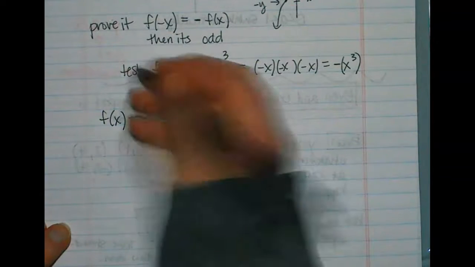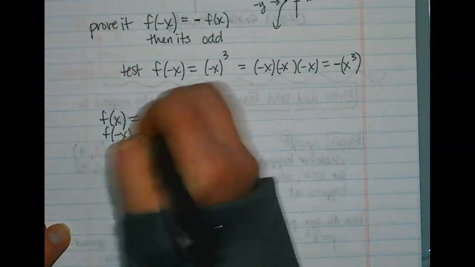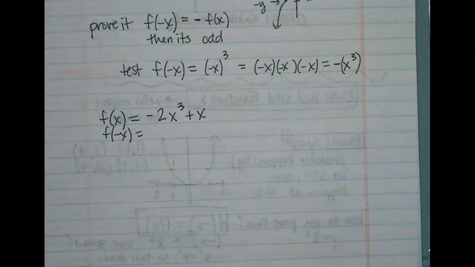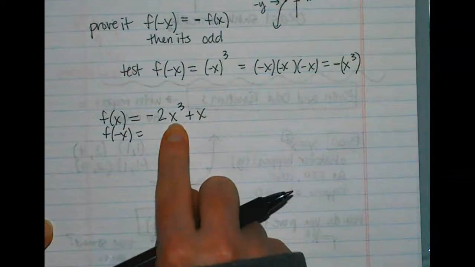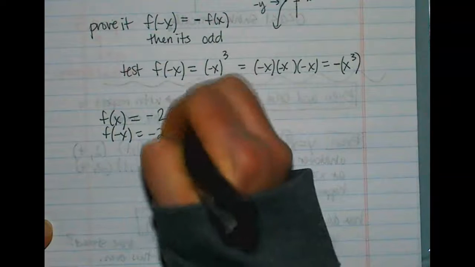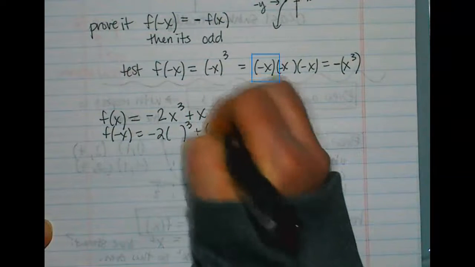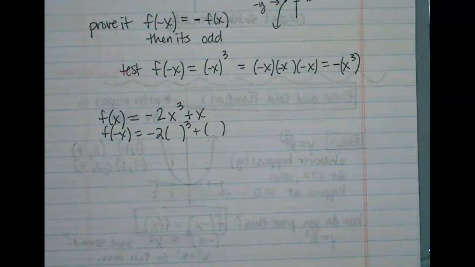So what I'm going to do, the test is always plug in negative x. The result tells you whether it's even, odd, or neither. My function says negative 2 times x cubed plus x. Negative 2 parentheses cubed plus parentheses. Those are my input values, the parentheses. I'm going to plug in negative x.